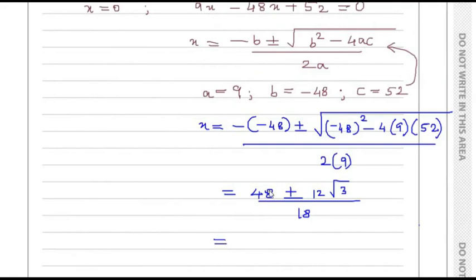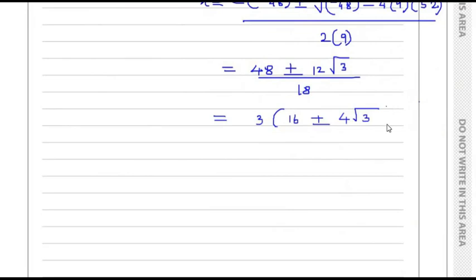Taking 3 common out of the numerator, what remains is 16 plus minus 4 root 3 over 18. So the 3 cancels with 18: 3 1 times, 3 6 times. So we are left with 16 plus minus 4 root 3 over 6.